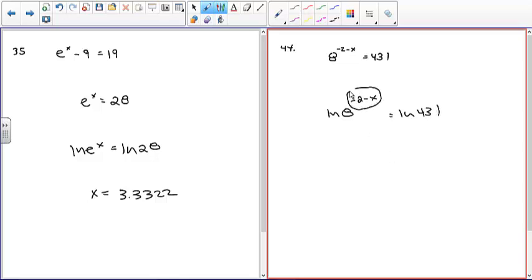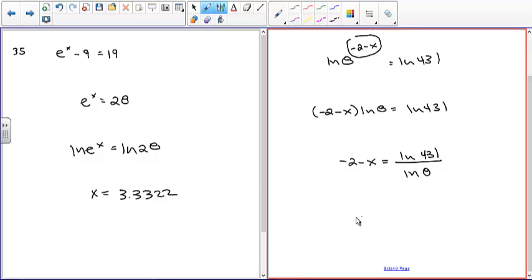So this is the exponent, so I can bring the whole thing out in front of the logarithm. Then I can divide both sides by the natural log of 8. Then I can add 2 to both sides.